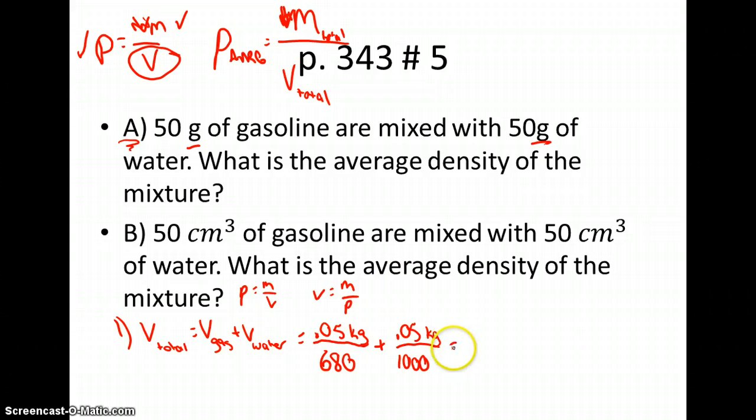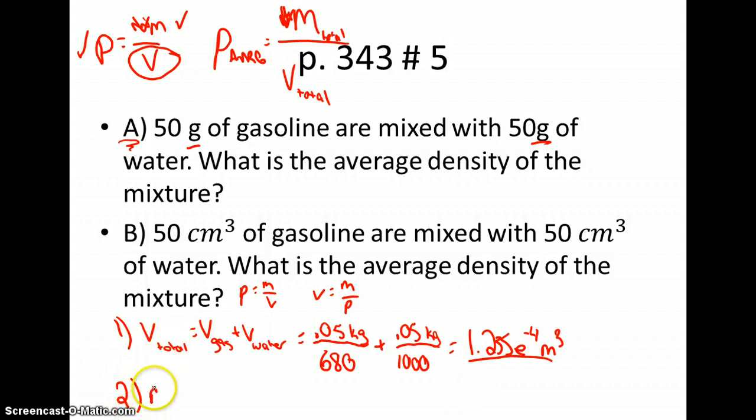And what this is going to do is give me my total volume of 1.235 e to the negative 4 meters cubed.